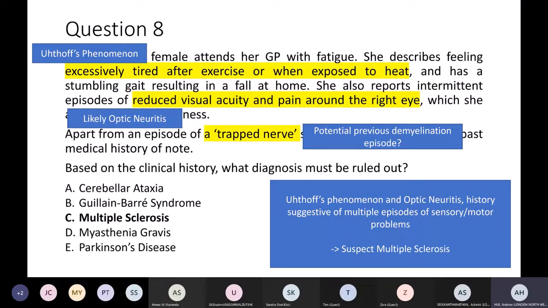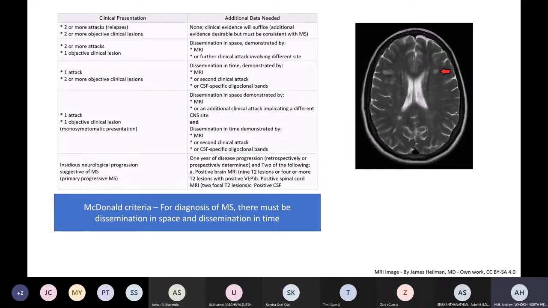in our differentials list. So just as a quick overview, multiple sclerosis is a demyelinating condition whereby we have demyelination of disseminated areas of the central nervous system, so the brain and the spinal cord, resulting in varied neurological deficits.